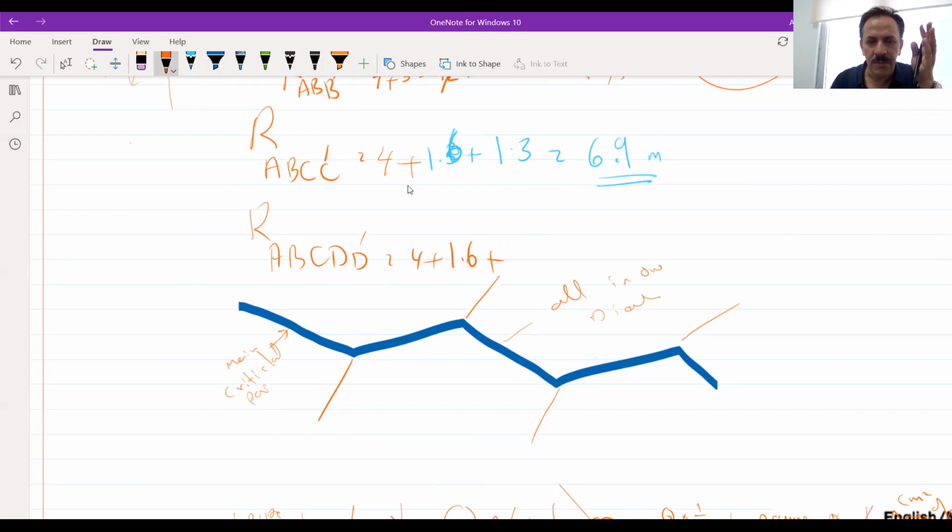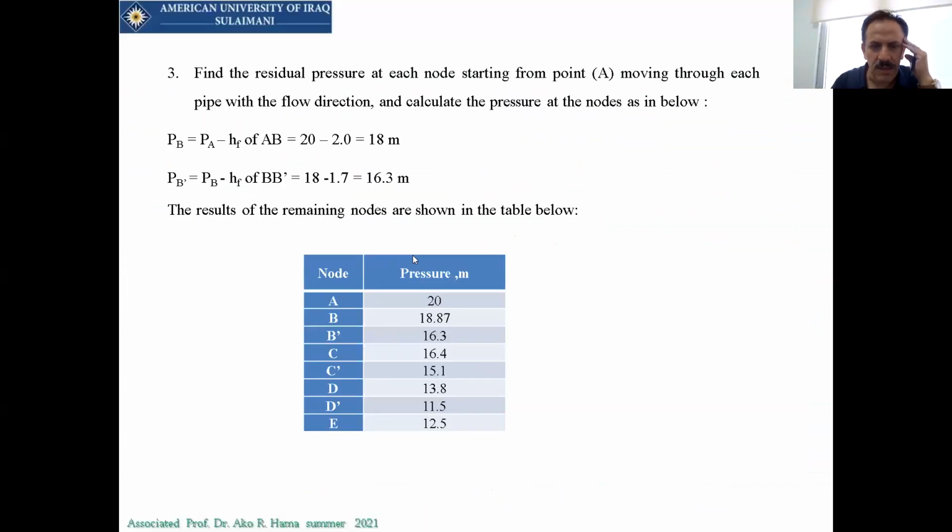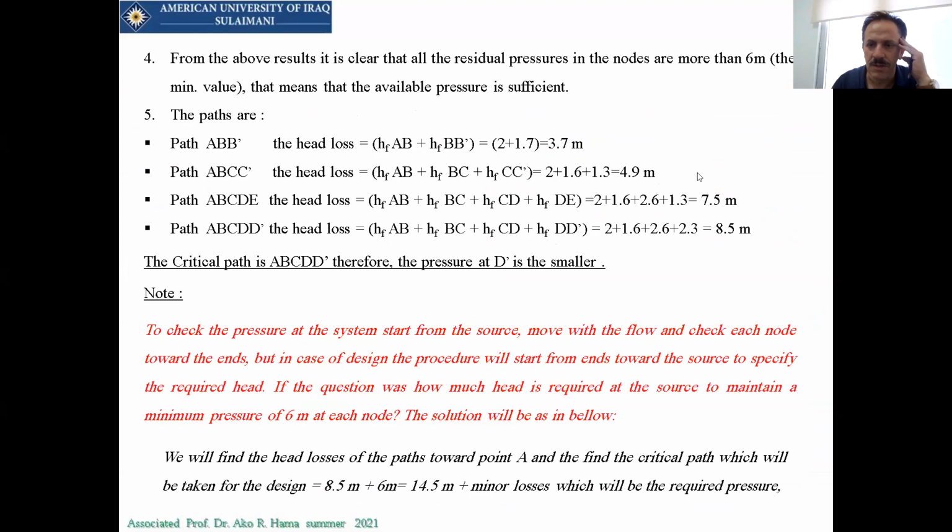So you know why I'm doing this? I'm doing this to find all available total head losses in the network. And here are all the available head losses in the pipes. You can see for the pipe here, and by the way, I'm using 2 in, I don't know why it's 2, just check that one. This is for the AB pipe, this will be the second, this the third, this the fourth.